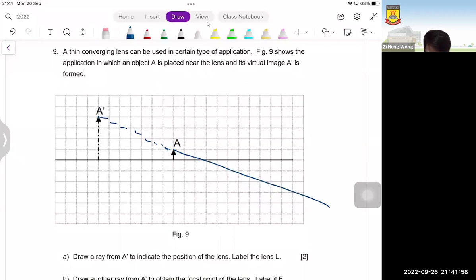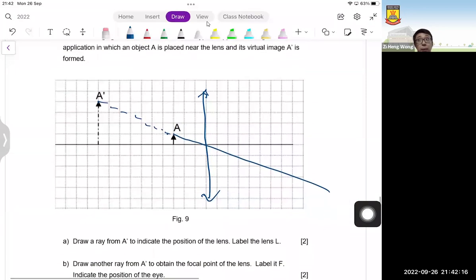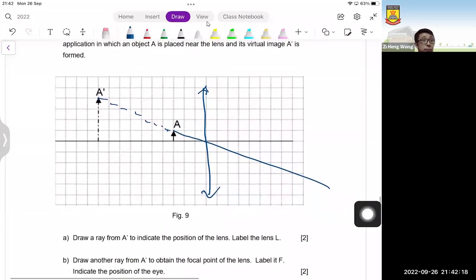So my lens is where this one intersects here, because any light ray that passes through the optical center will not be refracted. So first you can find out where your lens is. Draw another ray from A prime to obtain the focal point. Label it F. Indicate the position of the eye.